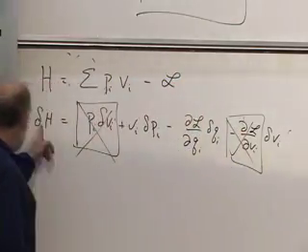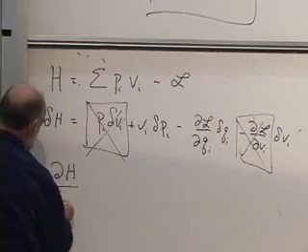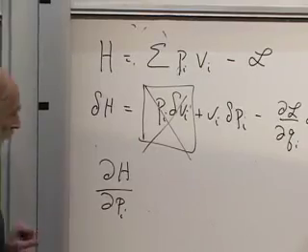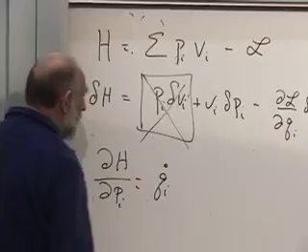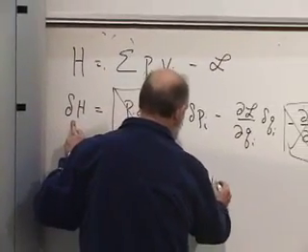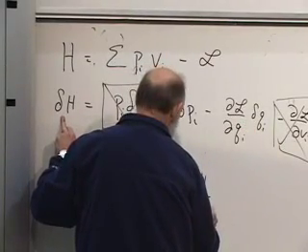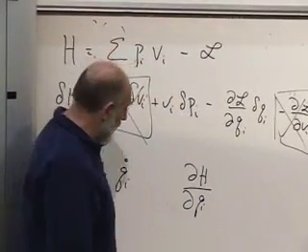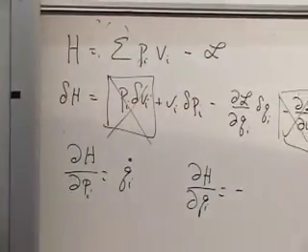And then we look at what's left over, and we see that the derivative of H with respect to p sub i is v sub i, but v sub i is q dot. And then we look at the other one: the derivative of H with respect to q sub i is equal to minus the derivative of L with respect to q sub i. But then we use Lagrange's equations.